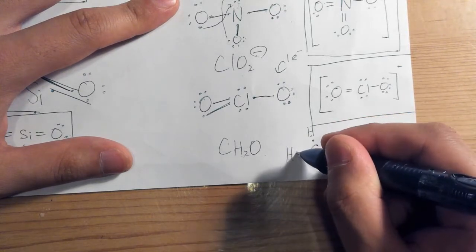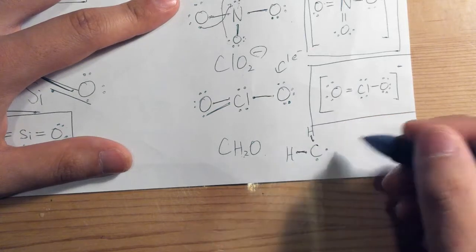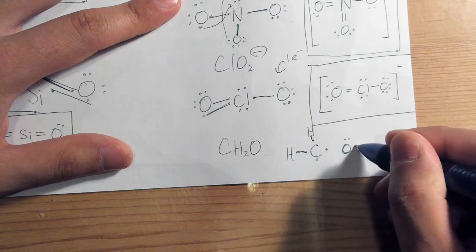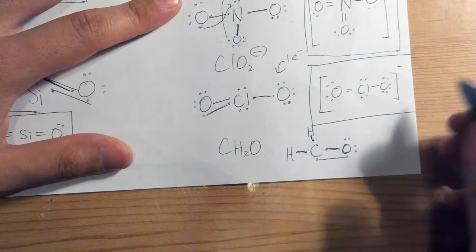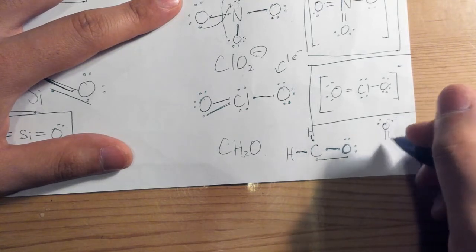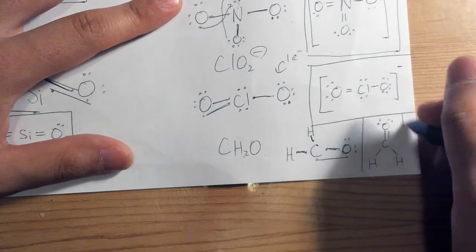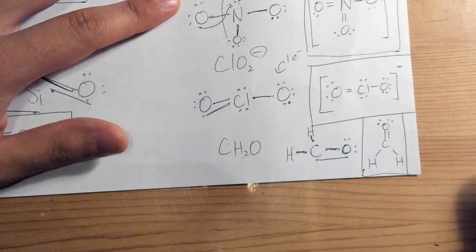Now remember this, we actually had this problem on the previous page, but I'll just go over it. So there's going to be oxygen here with 6 valence electrons. Alright, remember to connect the lone electrons together, and that will create this structure. Alright, so this is basically it.